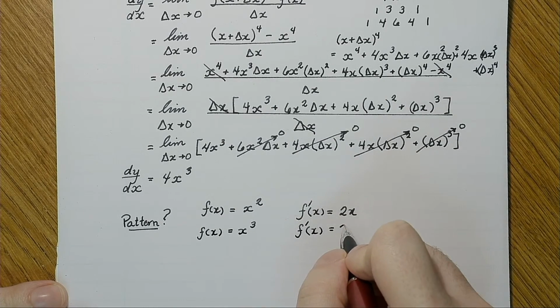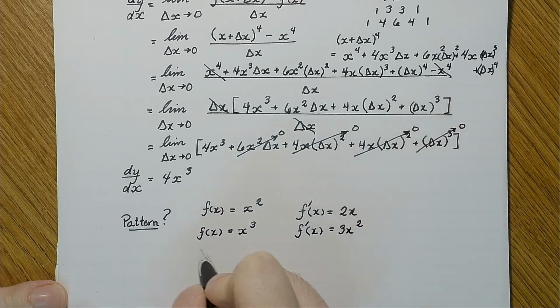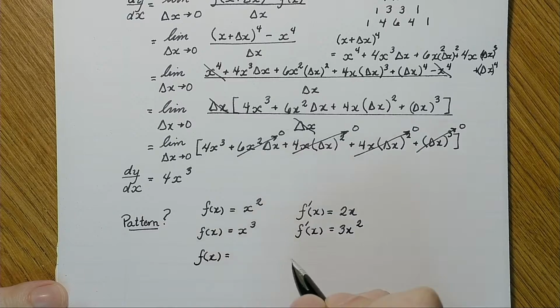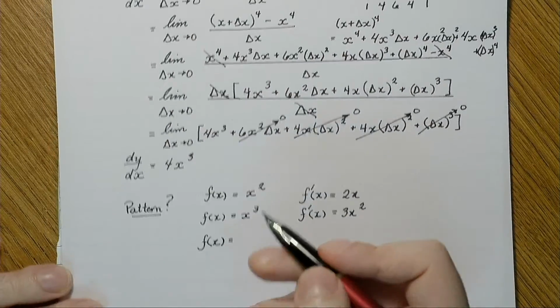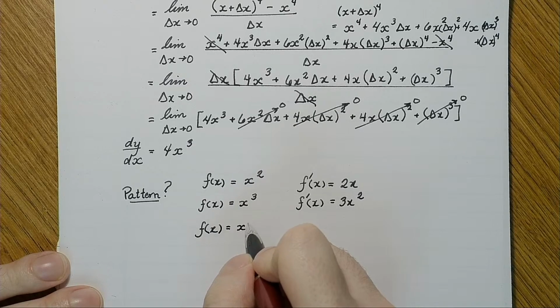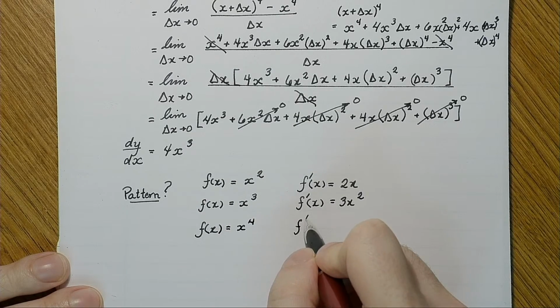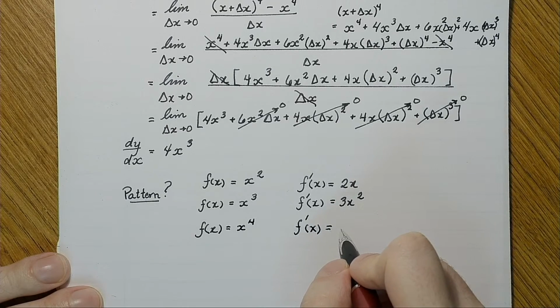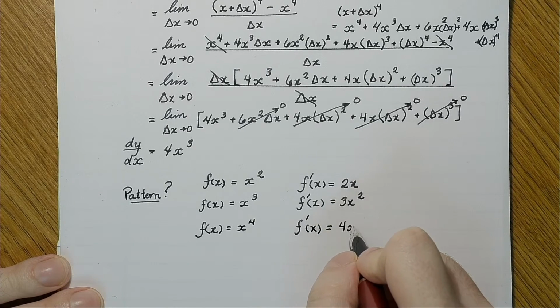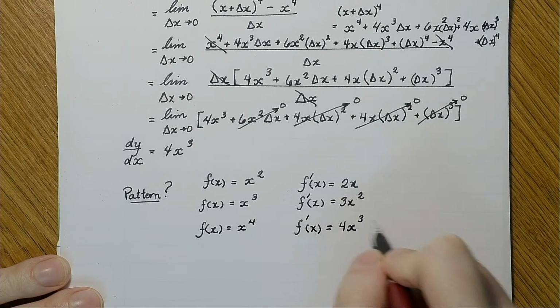What we found was 3x squared. And just now, what we found here was x to the fourth, was 4x to the 3.